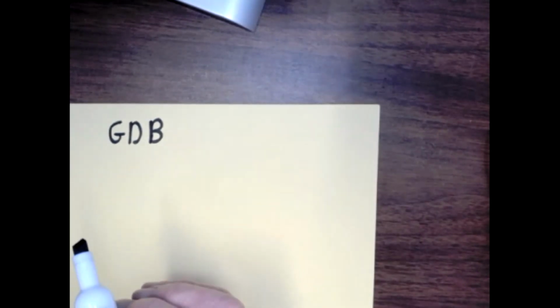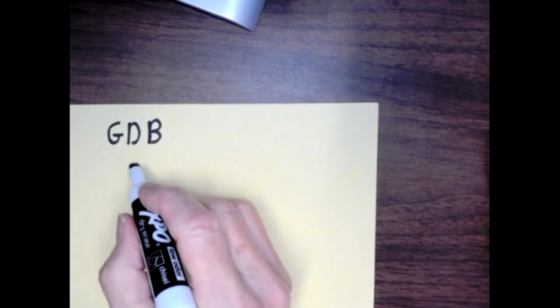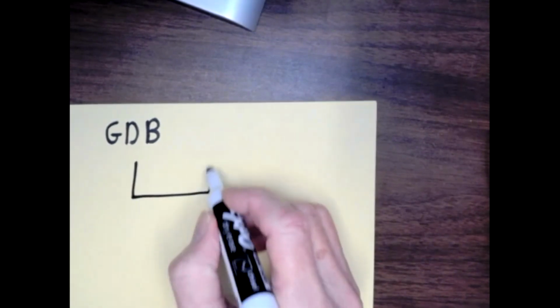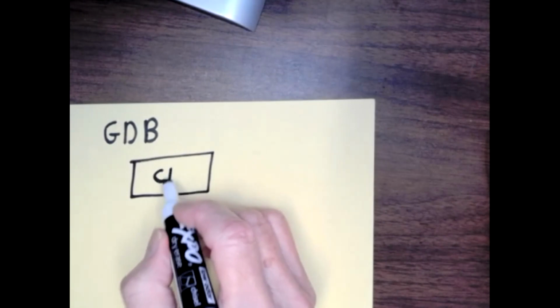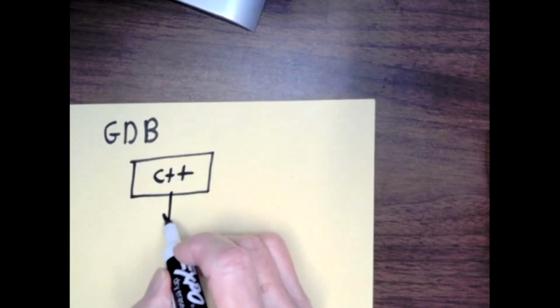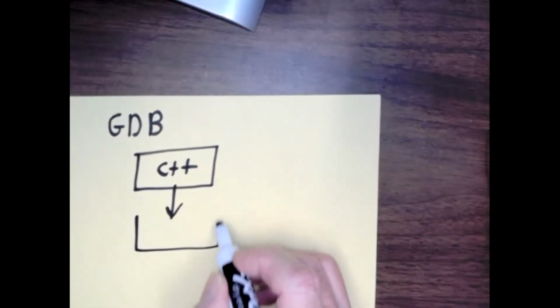GDB is going to let us investigate not only what's in registers, not only what's in memory, but it lets us investigate how the mechanism works that calls one function from another function. And there are two cases that are somewhat different. There's C++ that calls another C++ function.